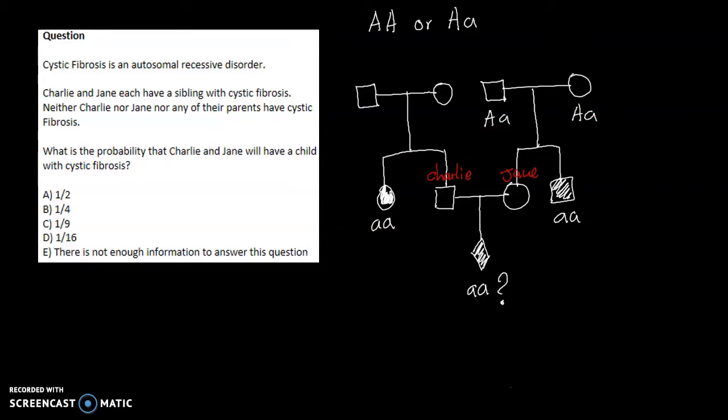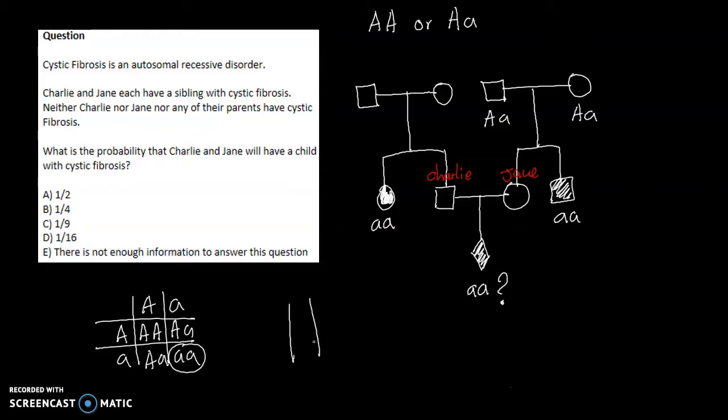To make that a little bit more clear, let's draw a quick Punnett square. So these are the parents, the mom and the dad. After filling out the boxes, we can see that there is 1 in 4 chances that each of their child is going to have cystic fibrosis.